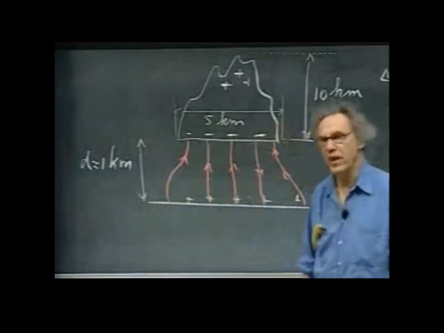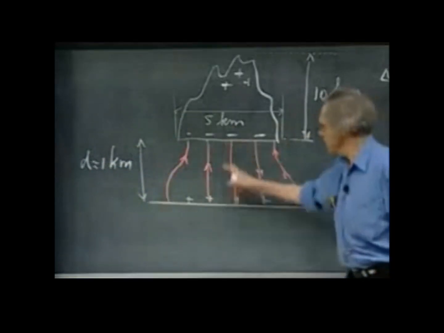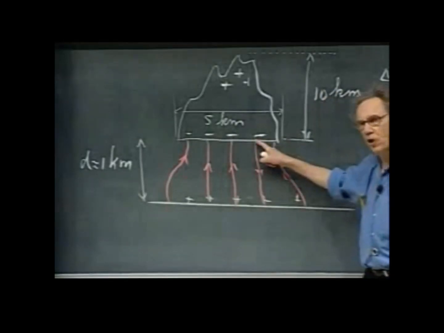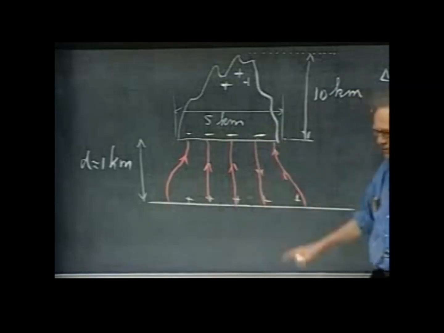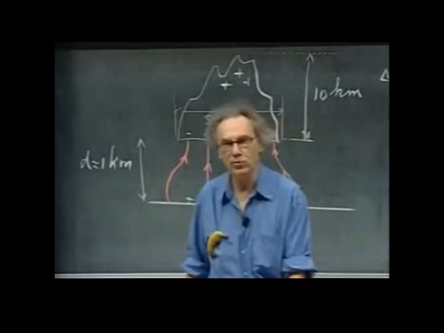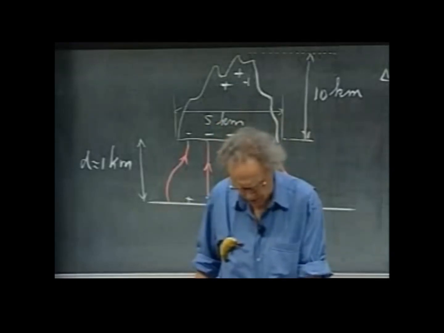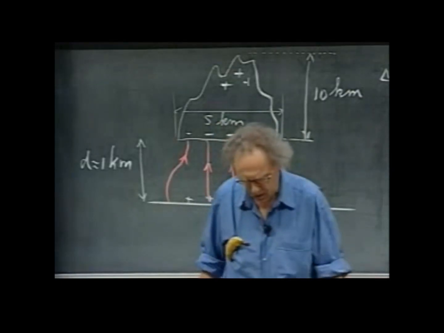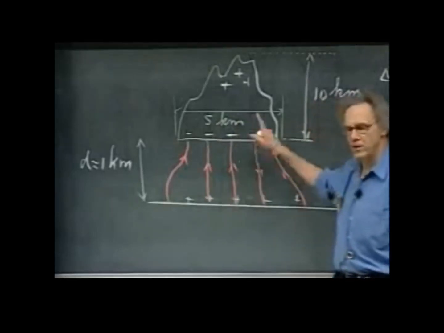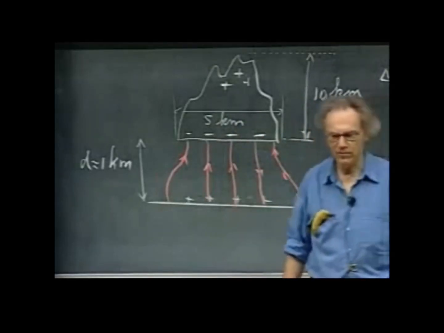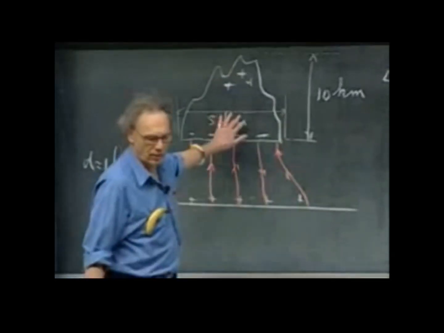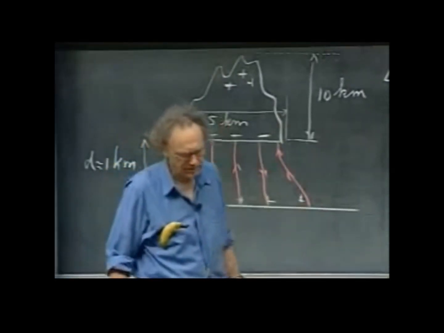So most of the action is not in the step leader, but in this second phenomenon which we call the return stroke, which is from the Earth to the cloud. The speed of that return stroke is about 10 to 20% of the speed of light. During the return stroke, there is about 5 Coulomb exchanged between the cloud and the Earth, and 5 Coulomb is a sizable fraction of the total charge that was on the cloud to start with.